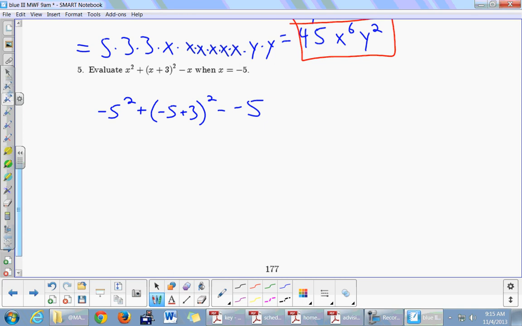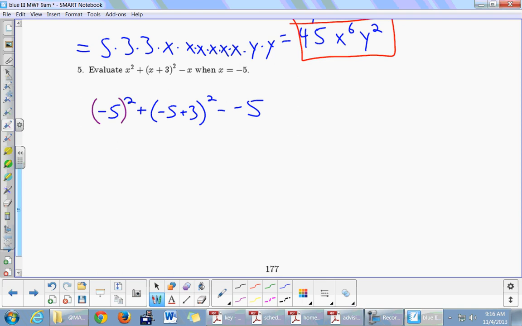Okay, I have written something up here that is false and will change the answer to the problem. What did I do wrong? I made an error of omission. Did I leave out? Where should there be parentheses? Around that -5.